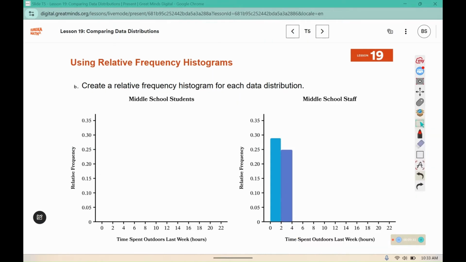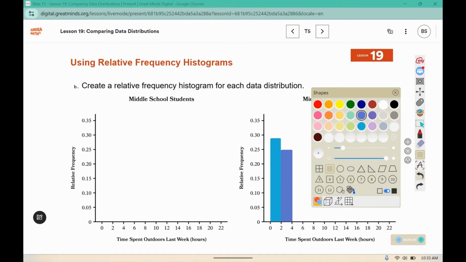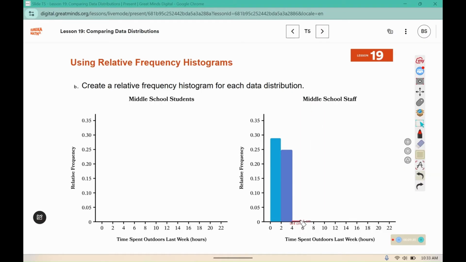Then 0.12, which is under 15 and over 10.